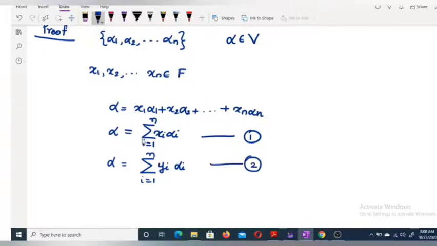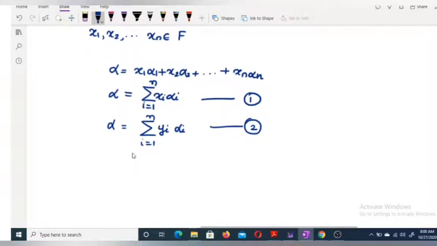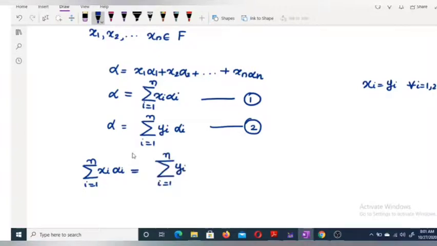Now to prove this representation is unique means we want to prove xi equal to yi for every i equal to 1 to n. Now both left hand sides are equal, therefore the right hand sides are also equal. That is sigma i equal to 1 to n xi alpha i is equal to sigma i equal to 1 to n yi alpha i.